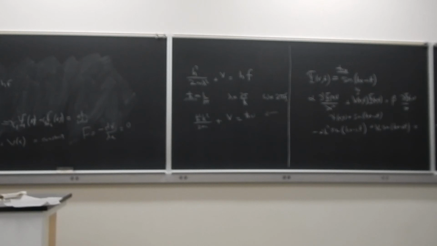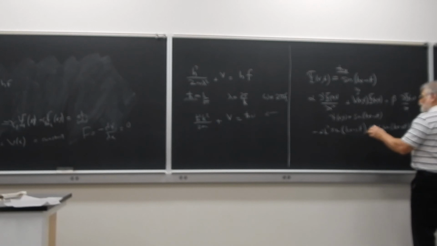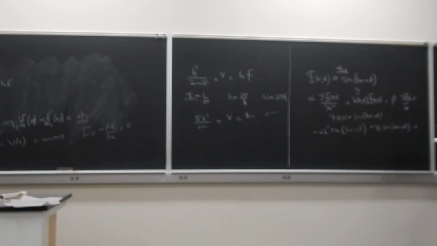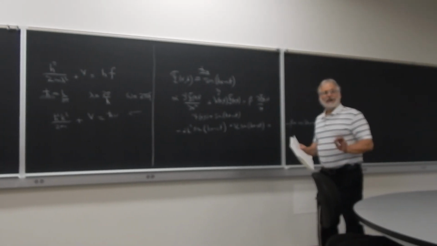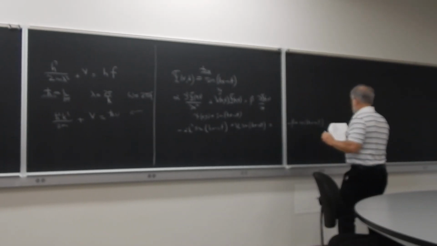We're in trouble already. This is going to be a problem, because there's no way this can work unless sine(kx − ωt) equals cosine(kx − ωt), and that is not true at any other time. Got to try again. Let's try a combination of sines and cosines.